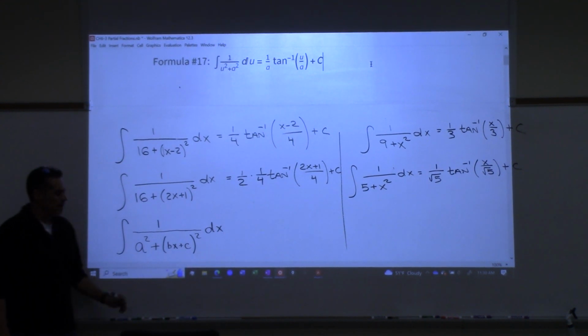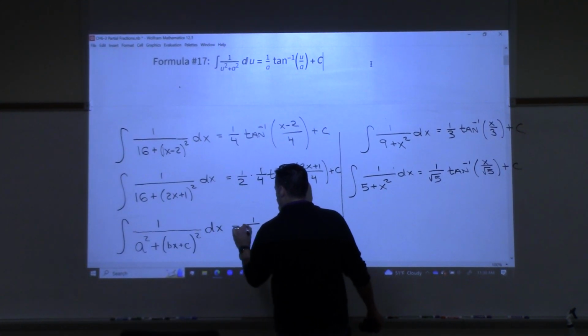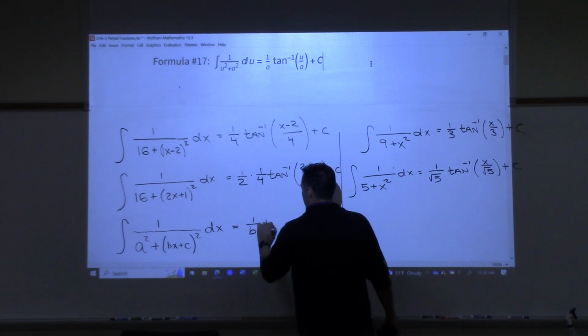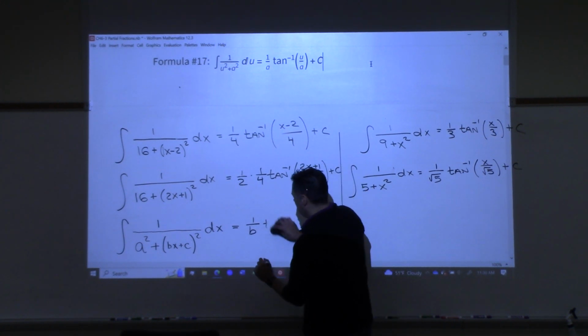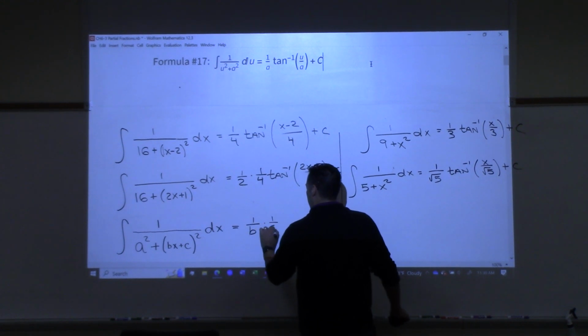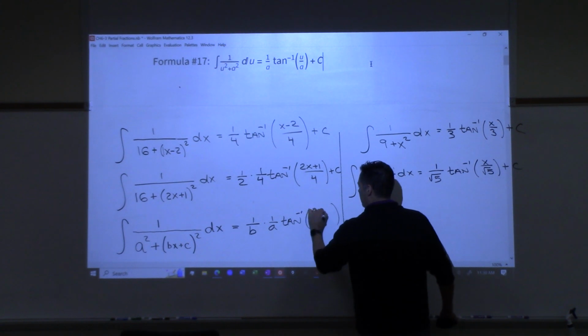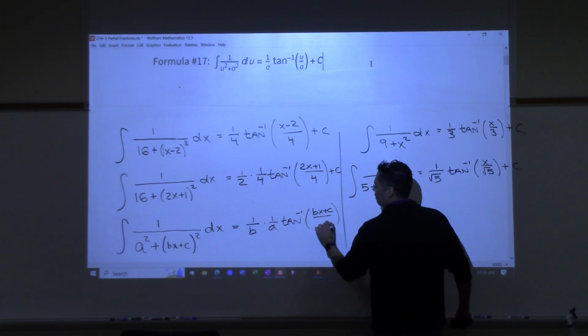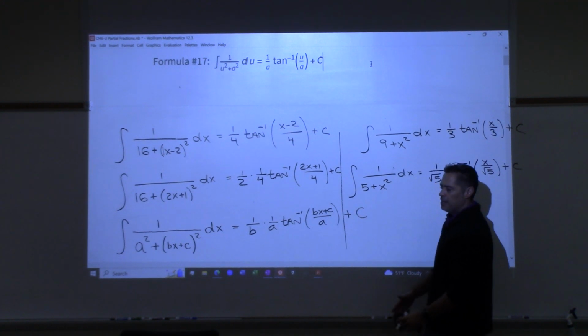So you'd have to scale out the b. So I need what in front here? 1 over b. And then the rest would be inverse tangent. Oh wait, sorry, I forgot the 1 over a. 1 over a, inverse tangent of bx plus c over a plus c. Now that's a different c, that's capital C, this is little c.